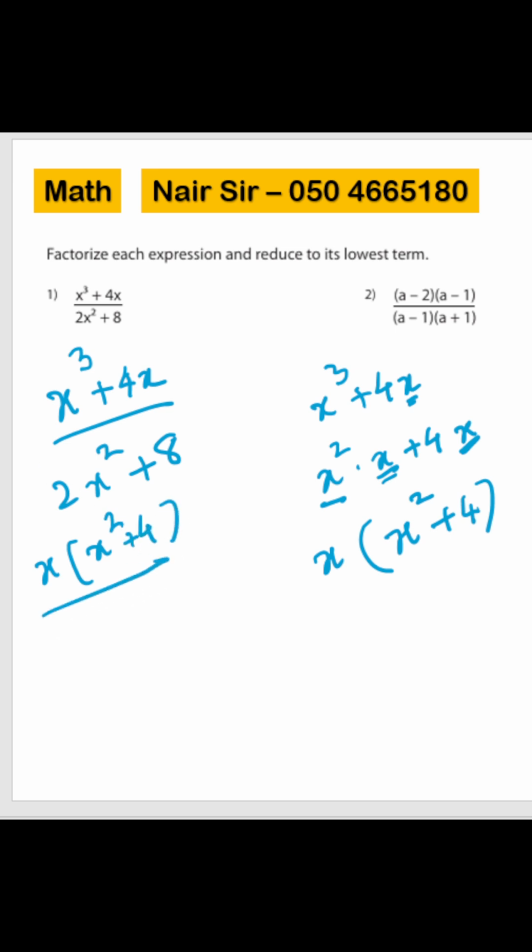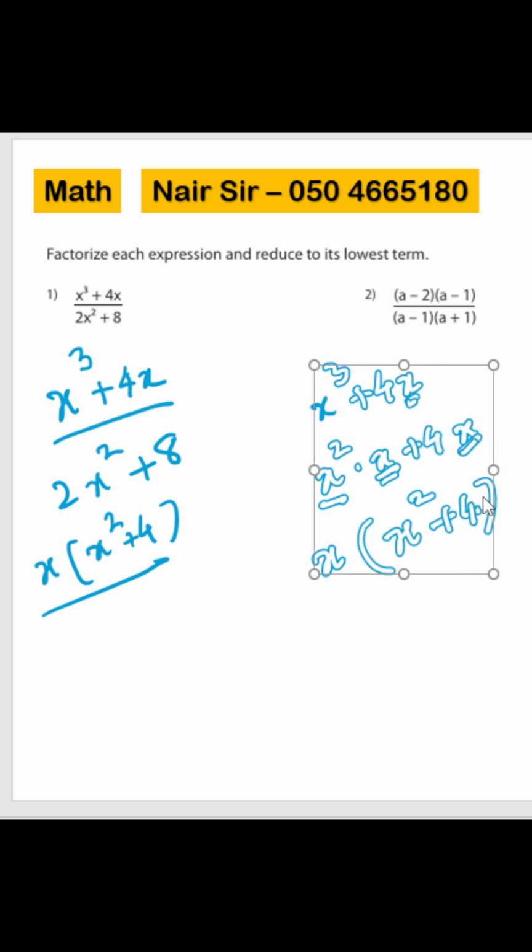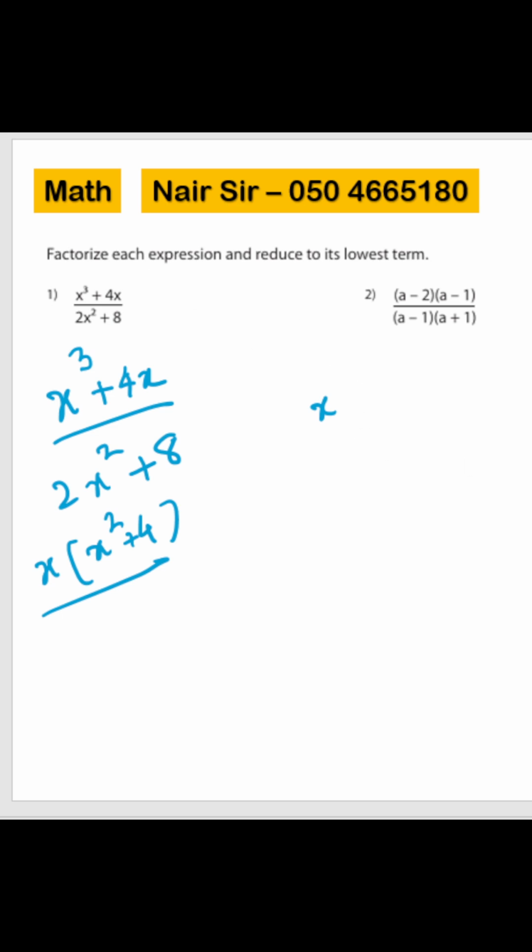Okay, now the next thing. I have got 2x square plus 8.